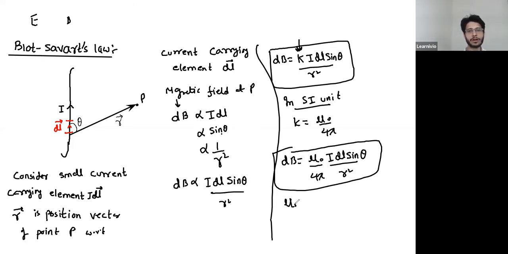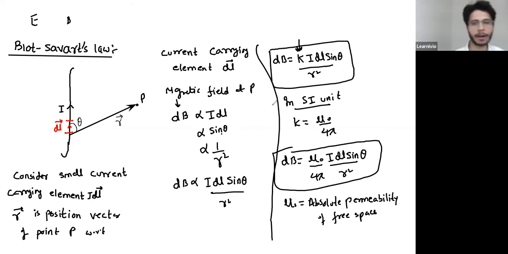And this mu naught is the absolute permeability of free space. For different medium, this absolute permeability has different values. For air, its value is something else. If you take water or any other medium, then it changes.